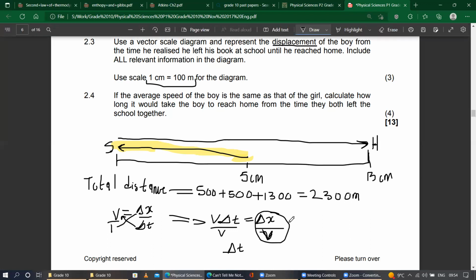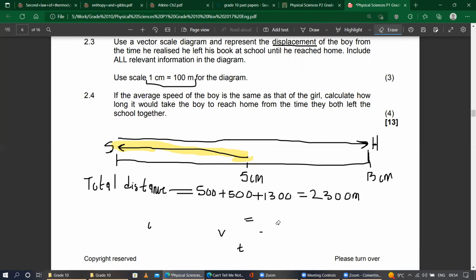Okay, so let me just rub this part out. So we know t is equal to delta x divided by the velocity.